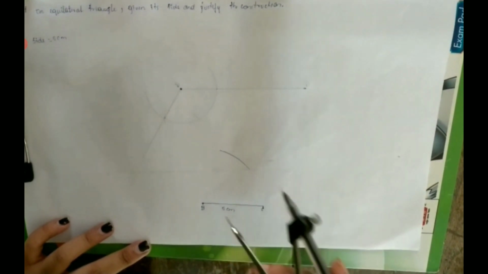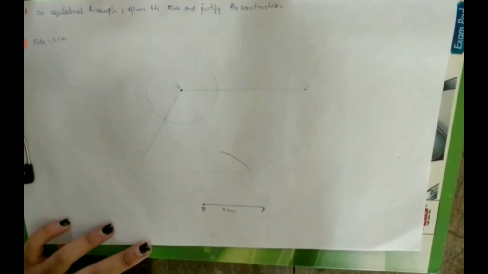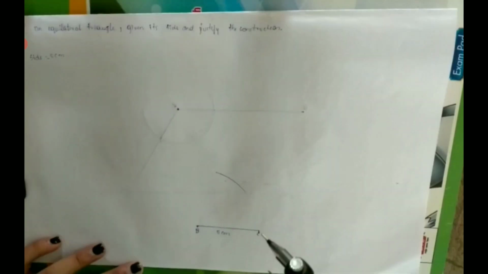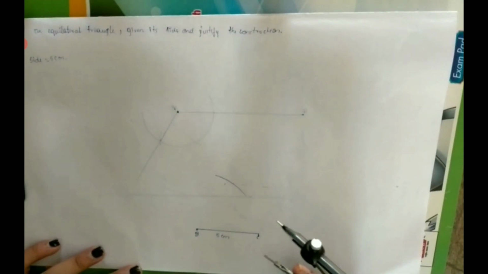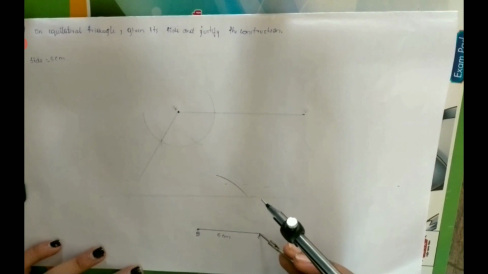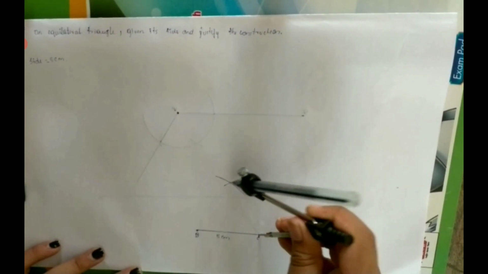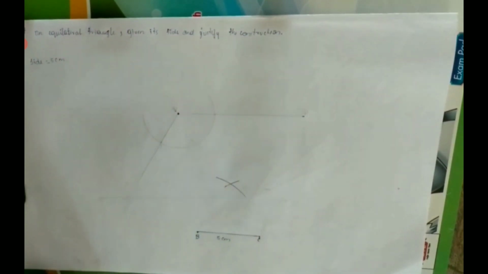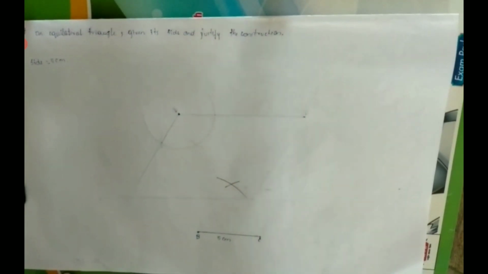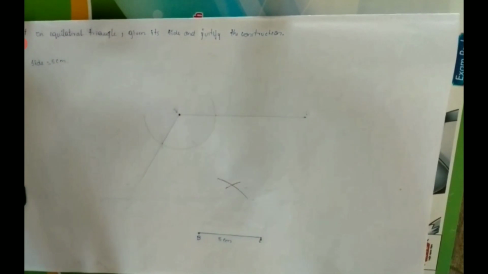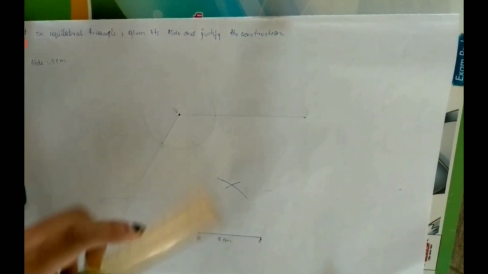Here you got one arc with B as a center, and with C as a center, as BC is the baseline, B and C are the endpoints of the line BC. With C as a center, without changing the radius, that is also of 5 cm, cut the previous arc. Now you got the vertex A.